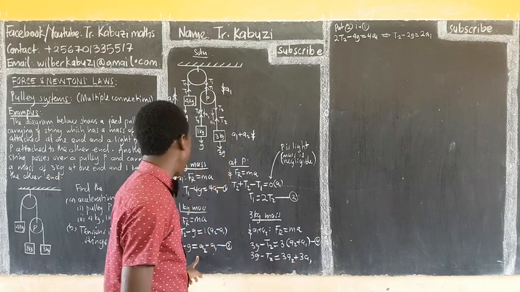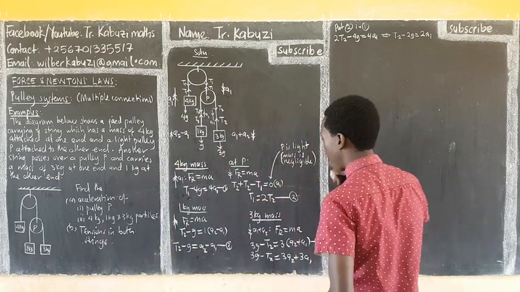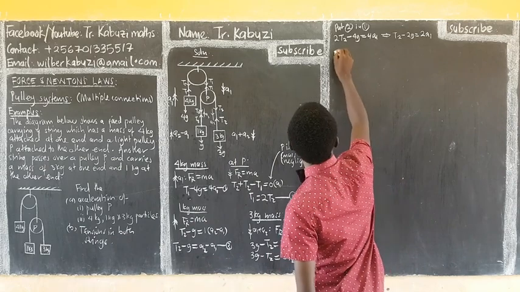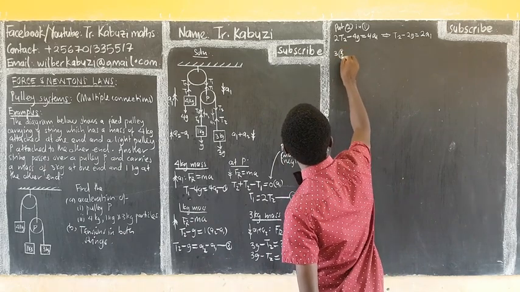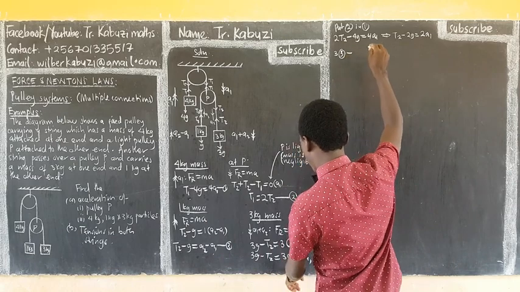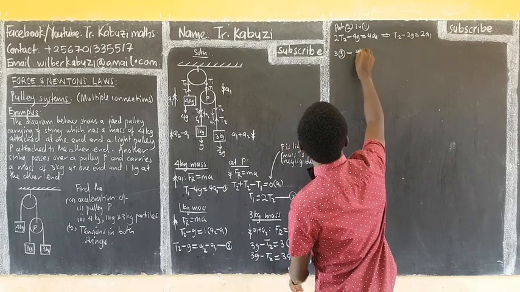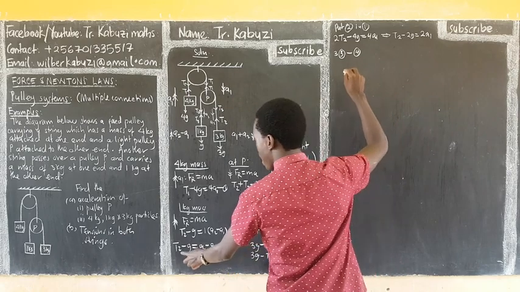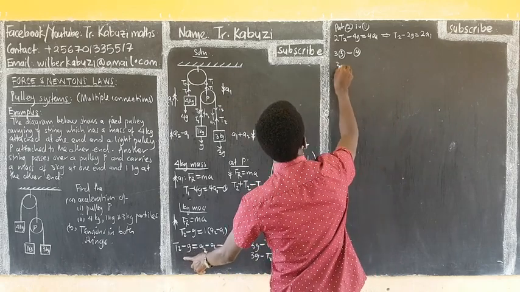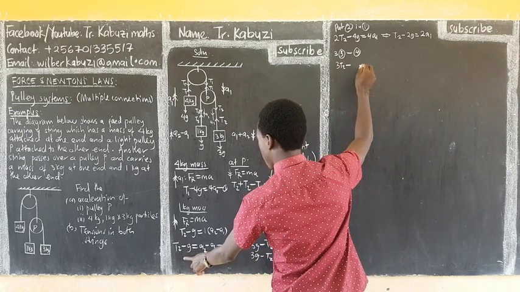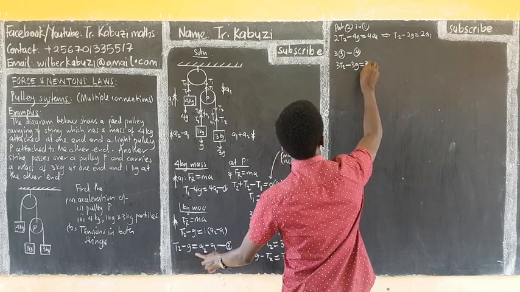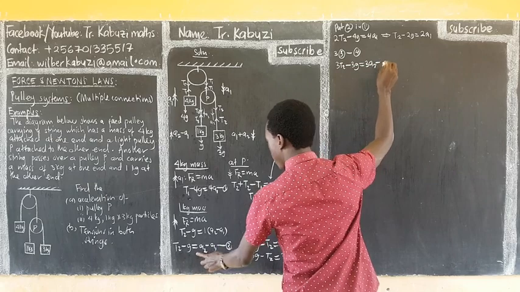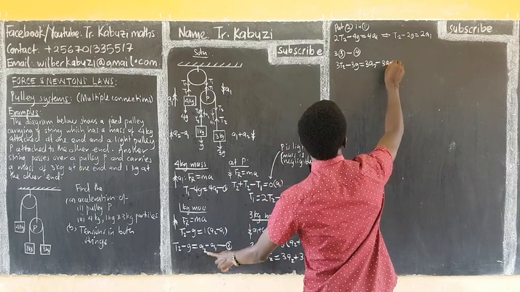I'm going to multiply equation 3 by 3, then subtract equation 4. Multiplying by 3, we have 3T2 minus 3g equaling 3A2 minus 3A1.